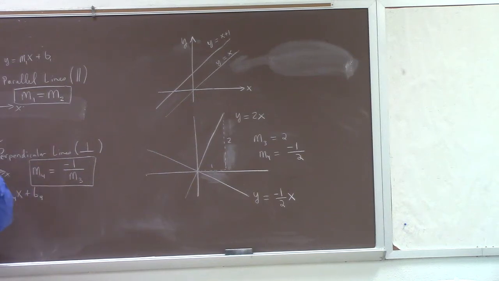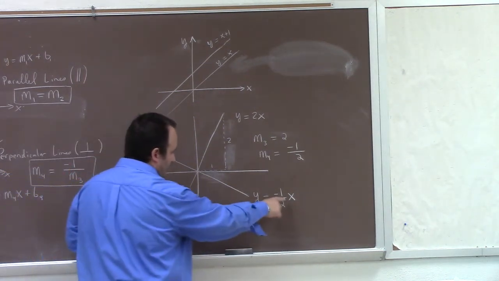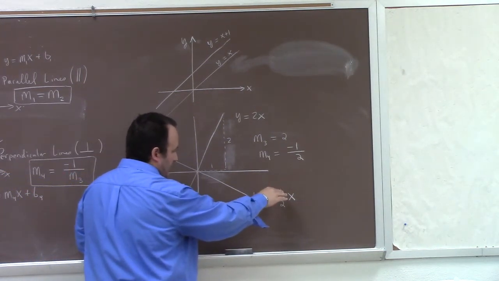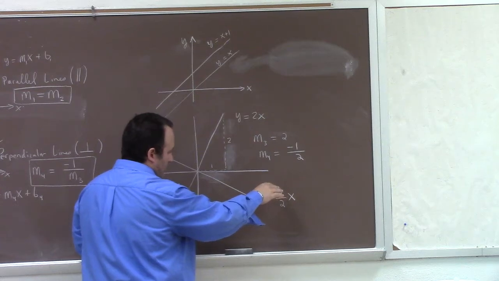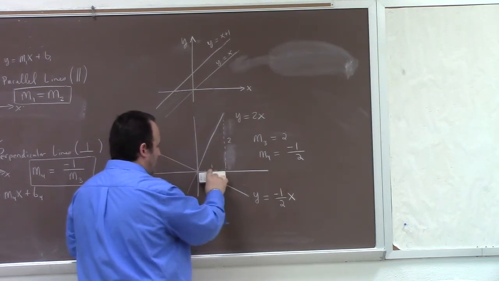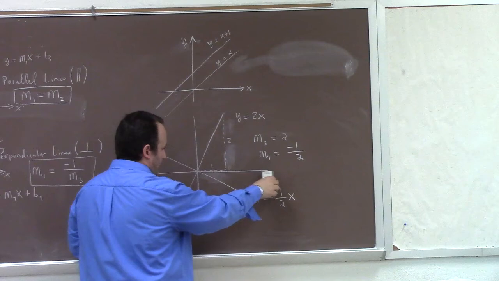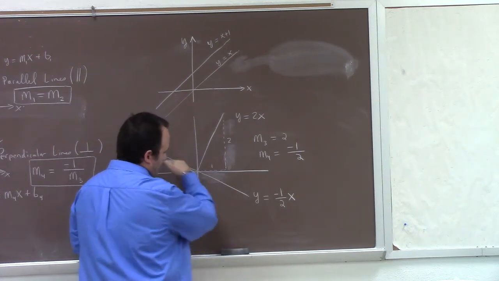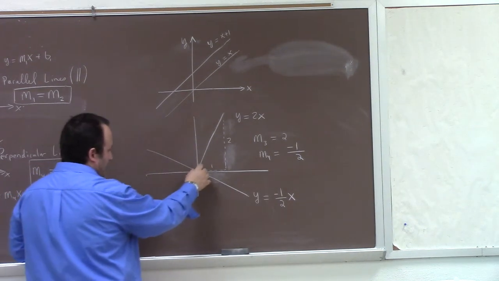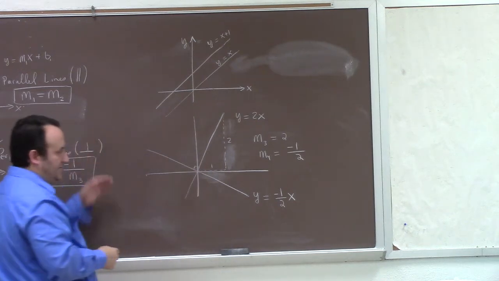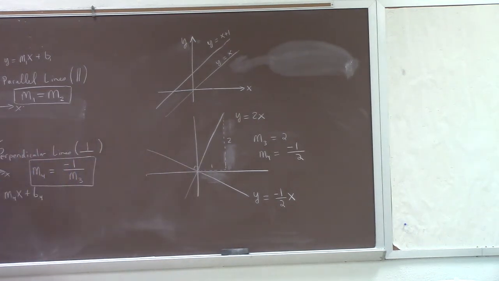To get a perpendicular line, we do negative reciprocal. And if I did it right, it should go down, 2 over and 1 down. And you can see that's perpendicular. I don't want to prove it for you, but I'll give you an example.